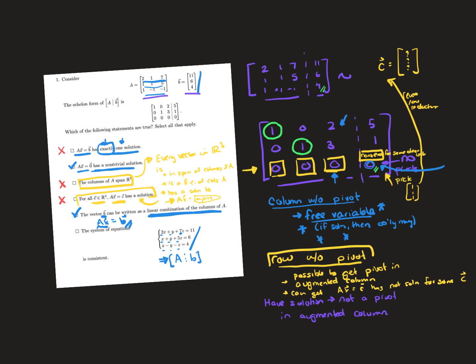And we know that reduces down, and there's no pivot in the augmented column. So for both of these, I know there's no pivot in the augmented column. And because of that, this system is consistent. It does have a solution.